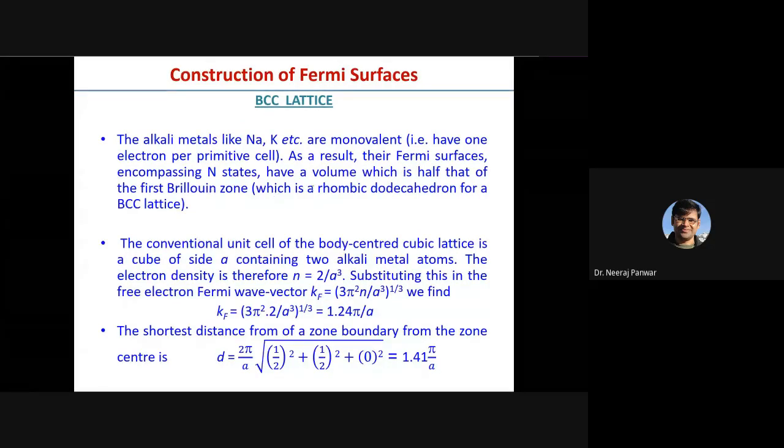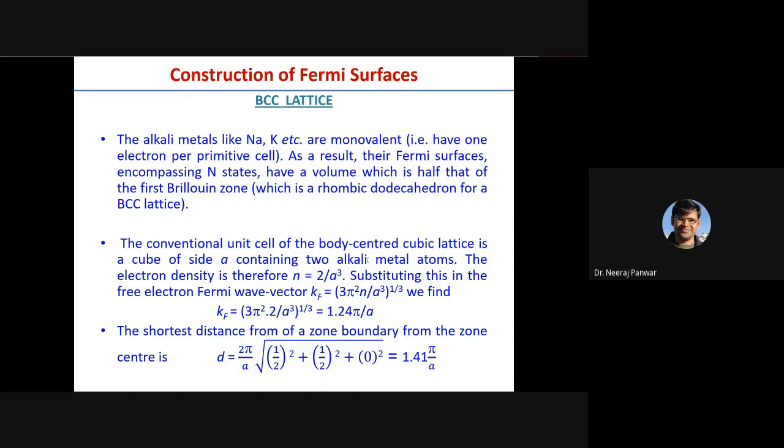And what is the reciprocal lattice of a BCC lattice? It is the rhombic dodecahedron, the Wigner-Seitz cell of a BCC lattice, in reciprocal lattice space. The convenient unit cell of a body-centered cubic lattice is a cube of side a containing two alkali metal atoms, one atom at the corner and the other sitting at the body center.